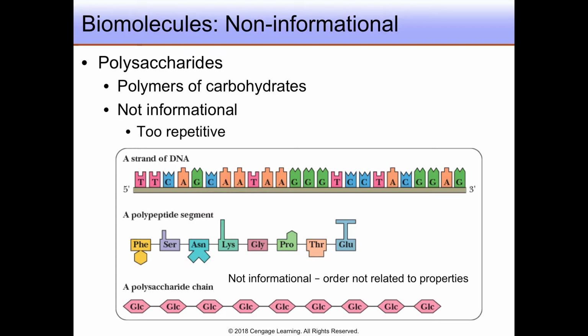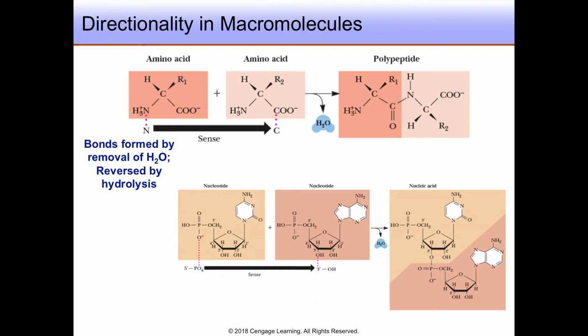That is, the content is important for function, but not the sequence or order of the monomers. These macromolecules are too repetitive and do not convey information in the order of their monomers. For the two types of informational polymers, we find that they exhibit directionality.